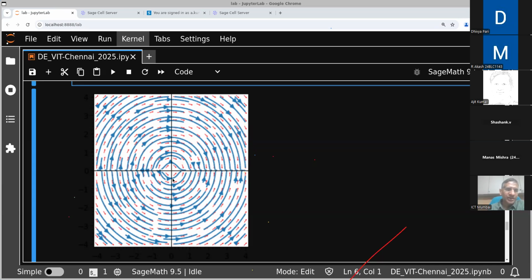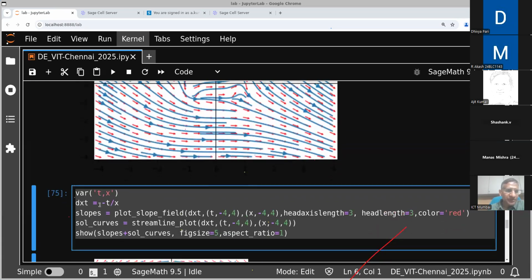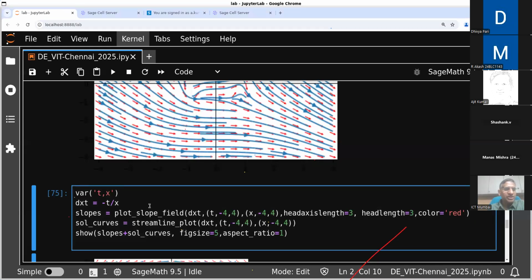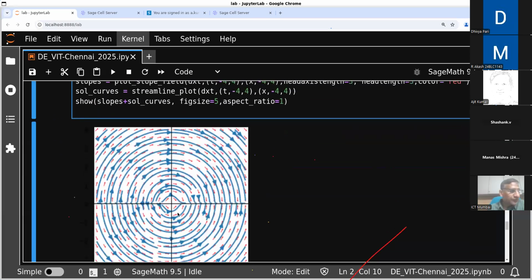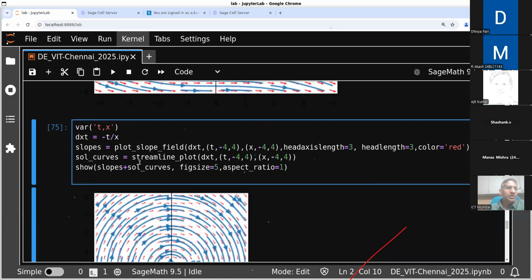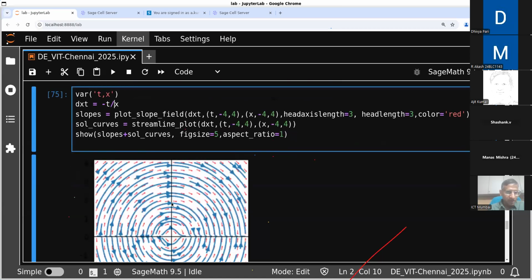What is the equation of a circle? x square plus y square is equal to a constant, right? So the solution of this differential equation is nothing but x square plus t square is equal to a constant. Okay. So many times by looking at the slope field, we can even guess the solution without even solving. That gives you an idea about the solution.